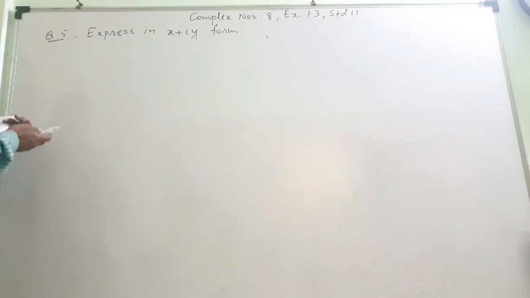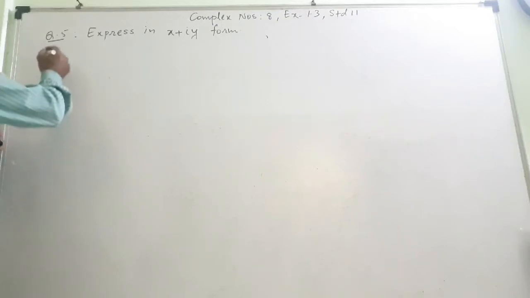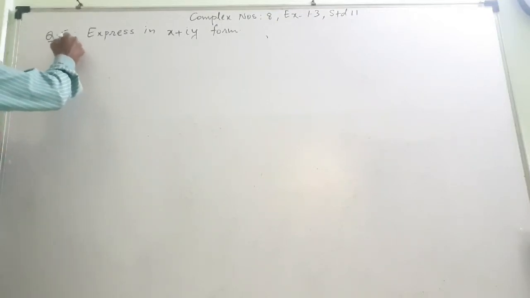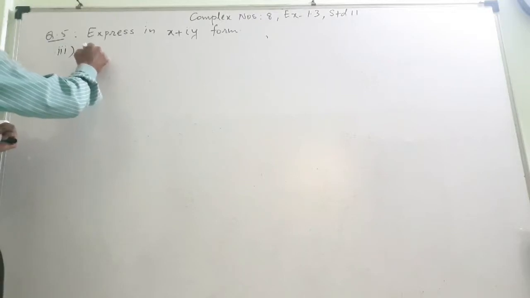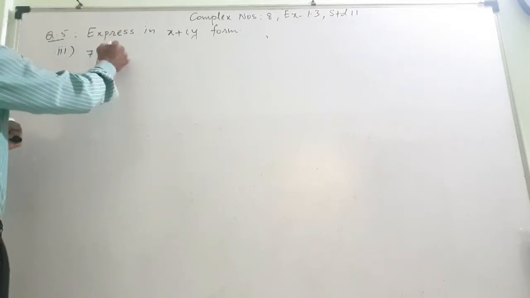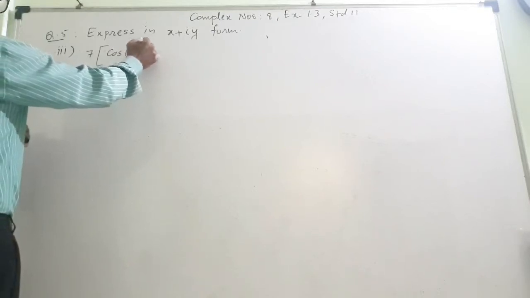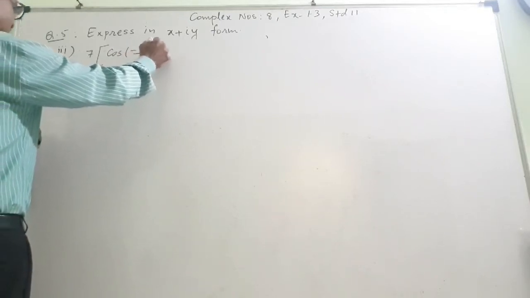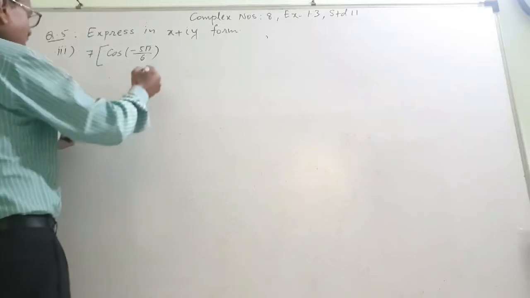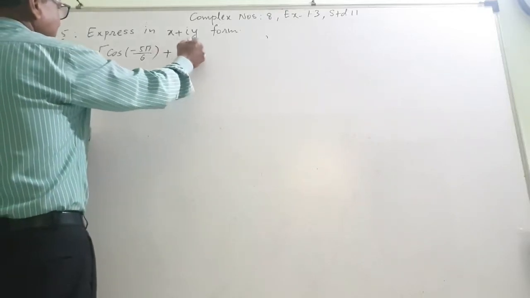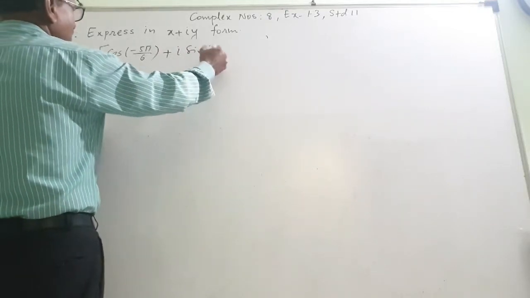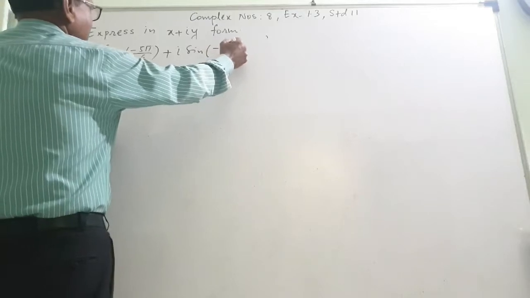Third one is 7 cos of minus 5 pi by 6 plus i sin minus 5 pi by 6.